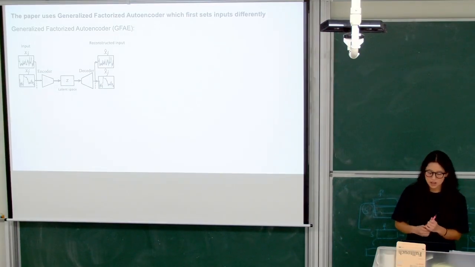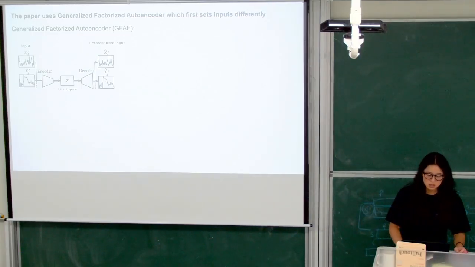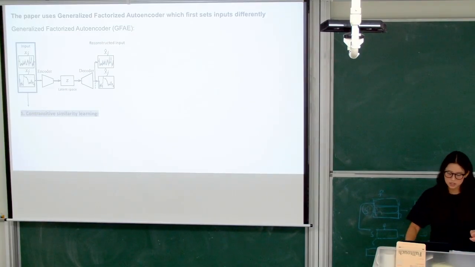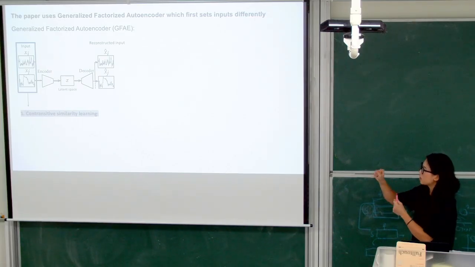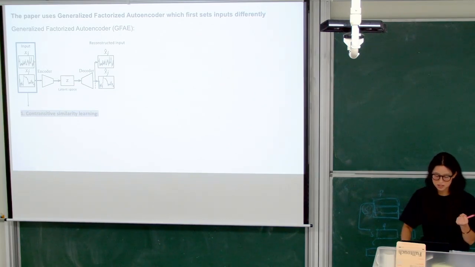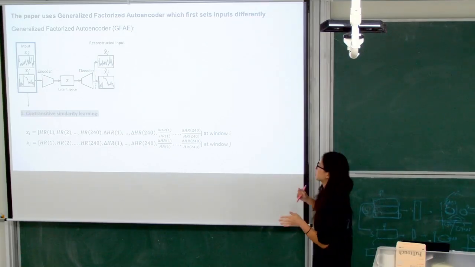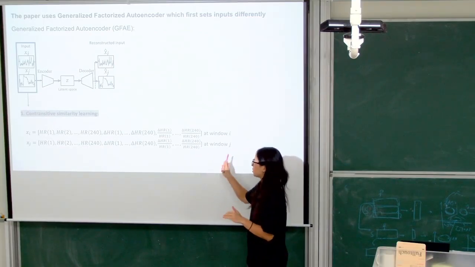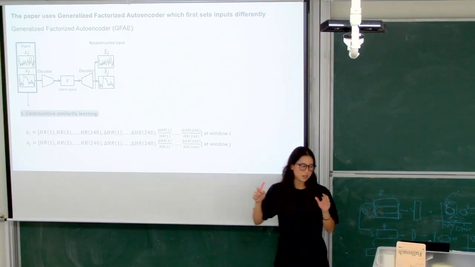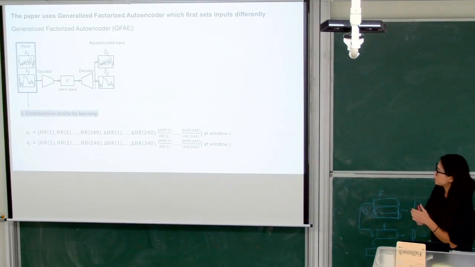As you can see, it takes the inputs and the reconstructed inputs, x1 and xj, and this is basically contrastive similarity learning, where it compares x1 and xj. x1 is just one window and xj is another window. It randomly selects two windows to compare.